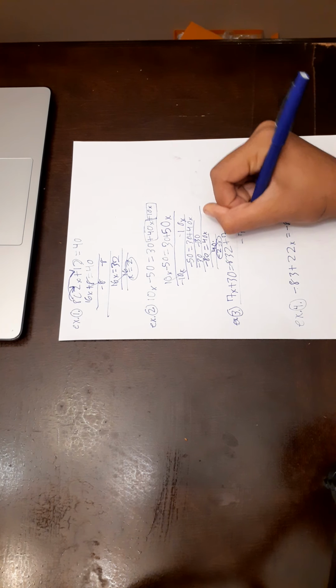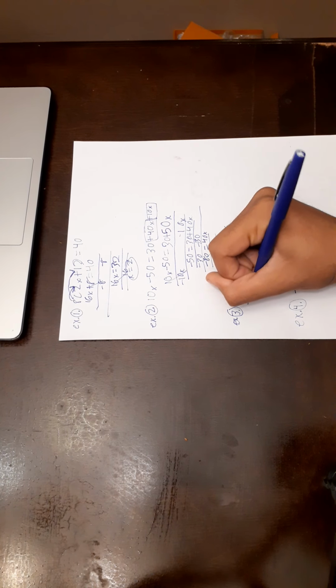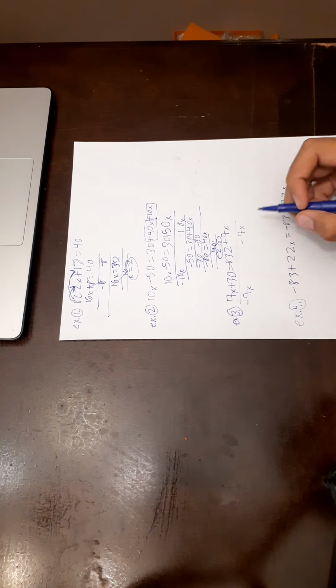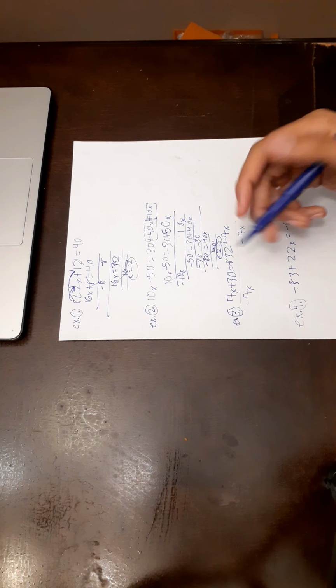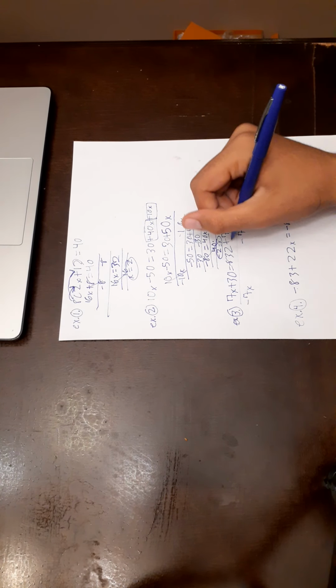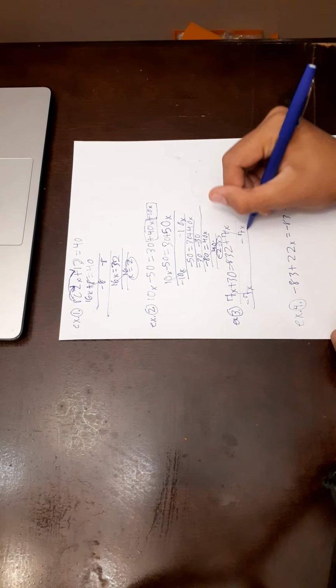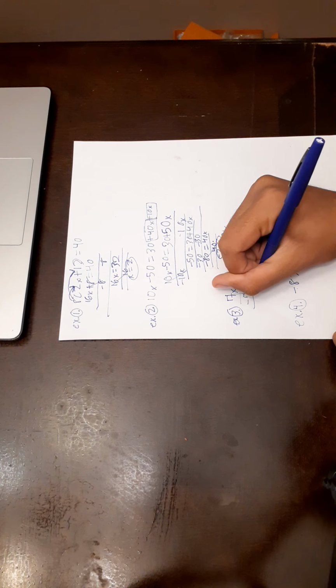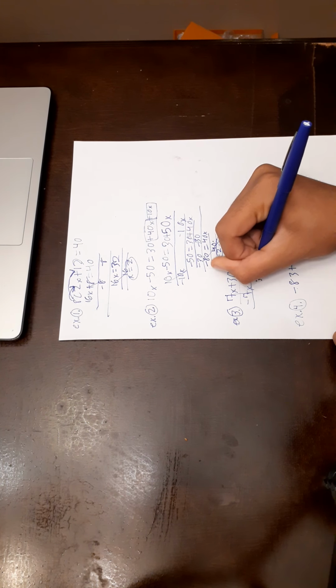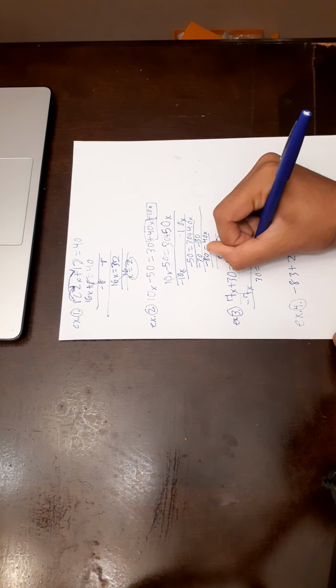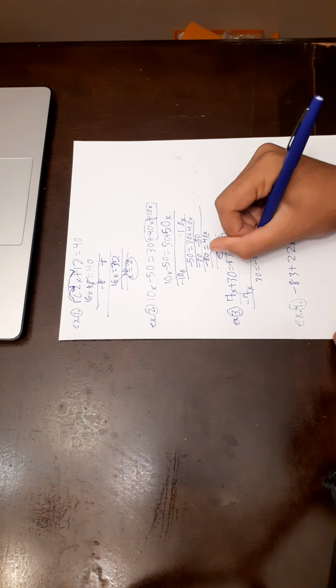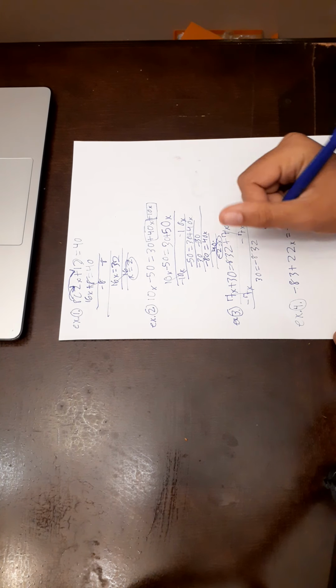minus 7x on both sides. Since both of them up here are 7x, they both cancel out, just like this one. The other one cancels out because they're the same thing. So then you're left with 30 equals negative 832.